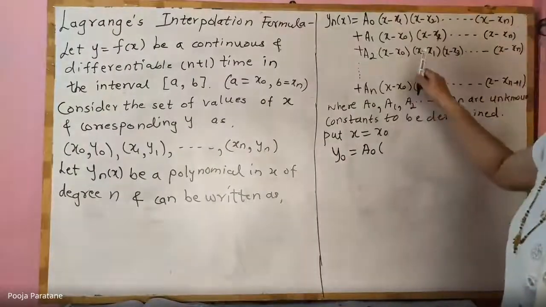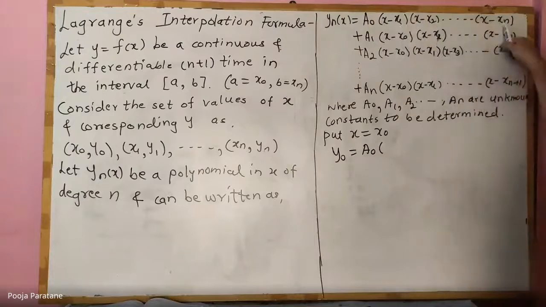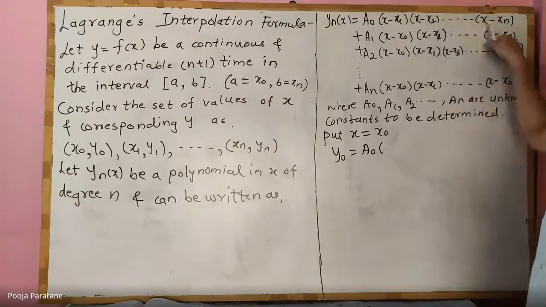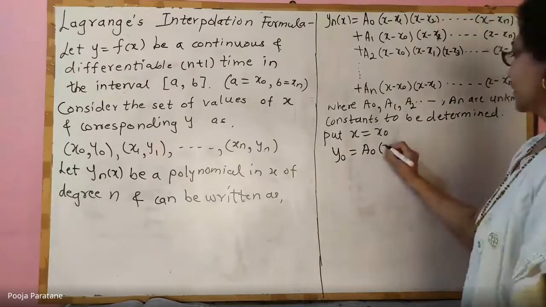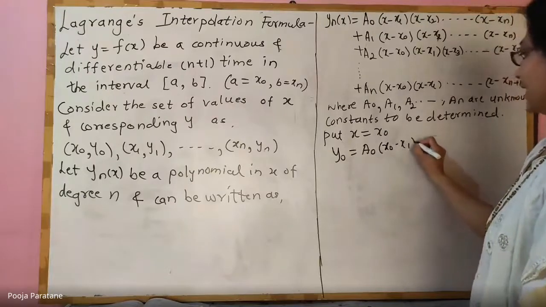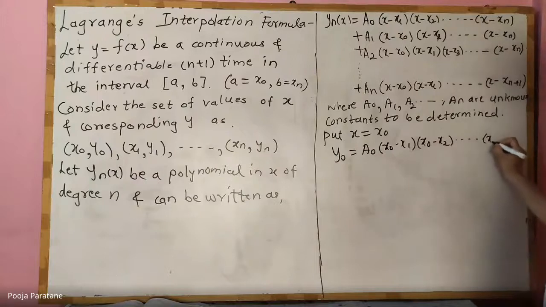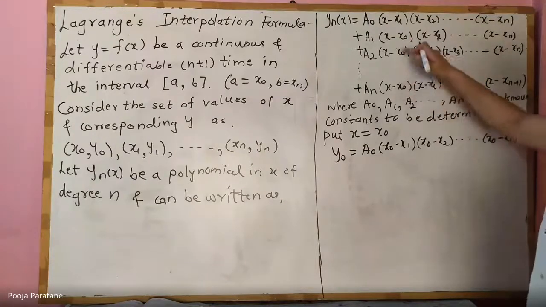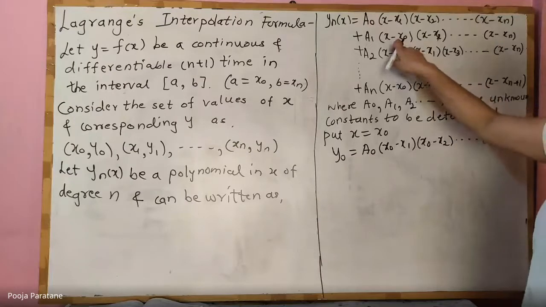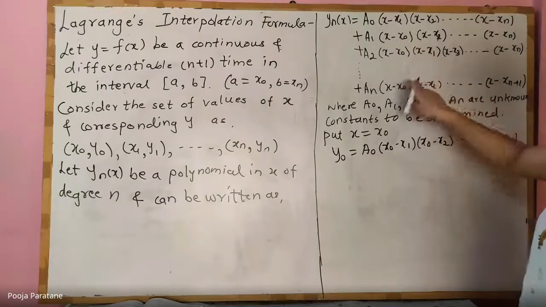Here, as it does not contain the term x minus x0, every term is non-zero. So here I will get the terms x0 minus x1, x0 minus x2, up to x0 minus xn. But from the next term onwards, each term contains x minus x0, so here you will get all the terms 0.